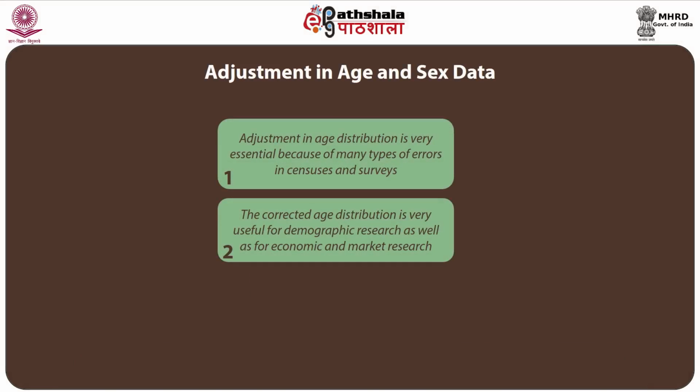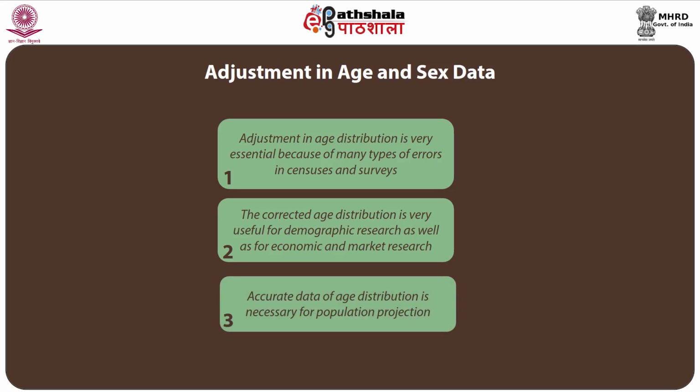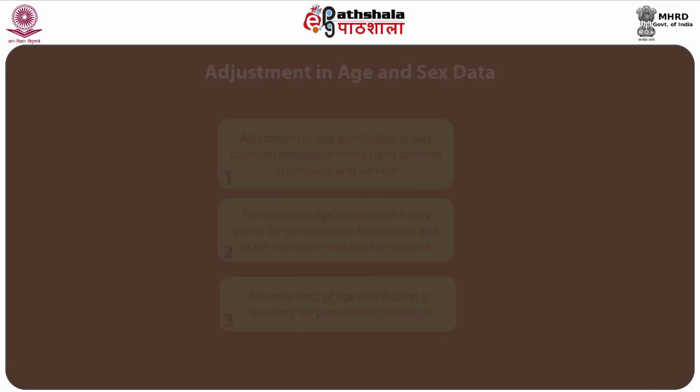The corrected age distribution is very useful for not only demographic analysis, but many times for economic and market research and so on. The more accurate the data of age distribution, the more useful it will be to understand the future scenario, because the future population projection depends completely on the age structure of the current population.